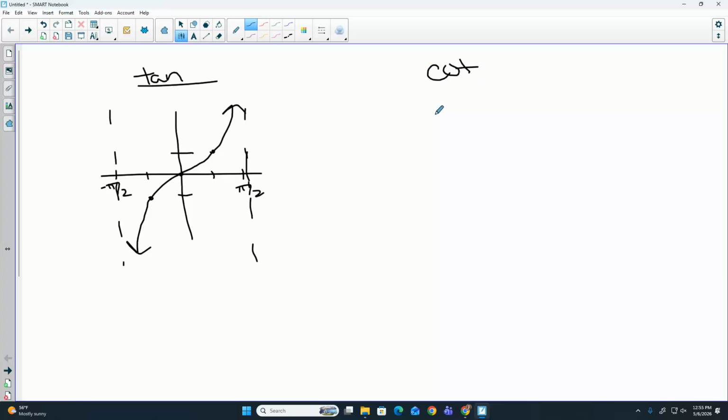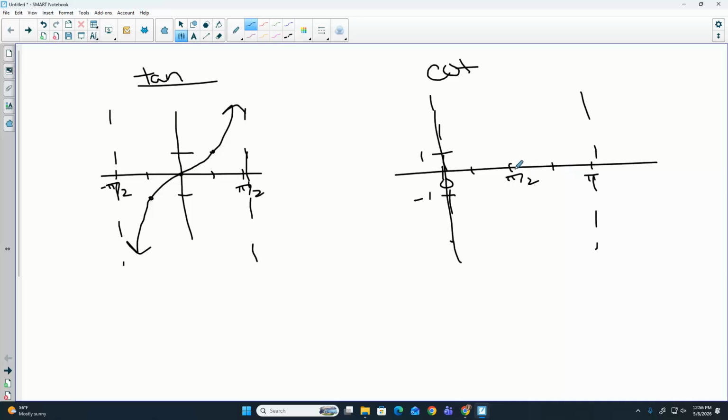Cotangent, we went from 0 to pi. I'm not sure why I put some inch points, but we did that because we have asymptotes on the ends. 0 in the middle, but cotangent was falling.